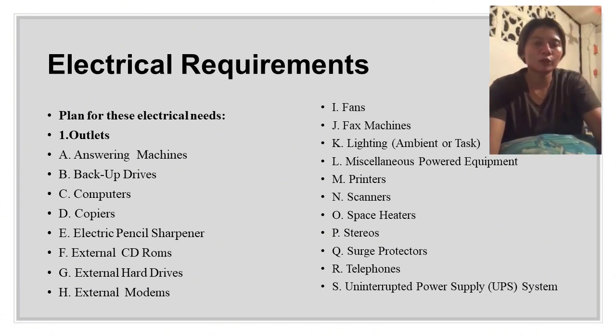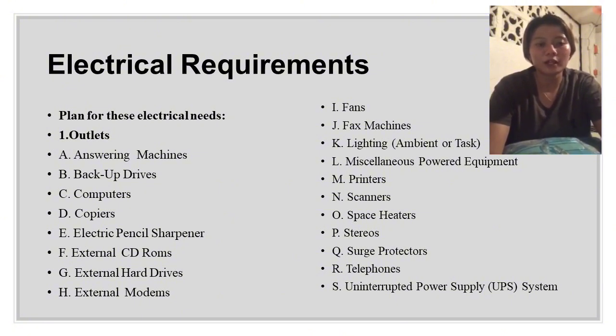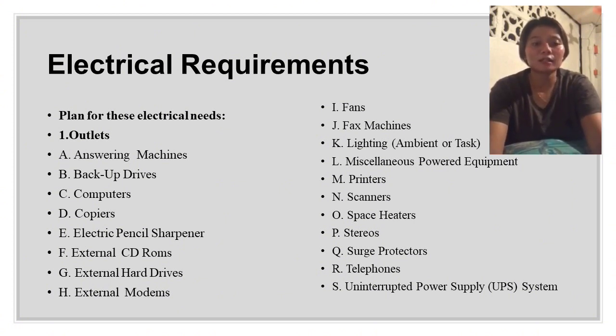So before we proceed to our next topic, there are electrical requirements. Plan for these electrical needs. So there are two types, outlets and telephone lines. So outlets: answering machines, backup drives, computers, copiers, electric pencil sharpener, external CD-ROMs, external hard drives, external modems, fans, fax machines, lighting.